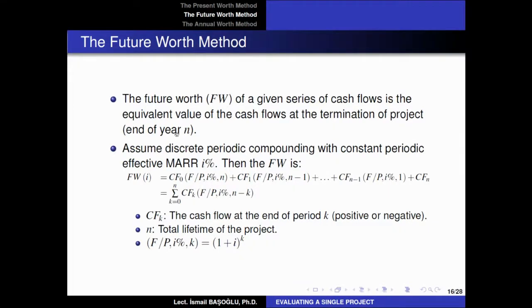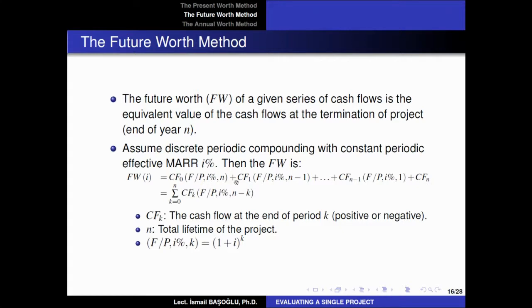So this time, instead of calculating the present worth of everything, we are going to calculate the future worth of everything. We are going to move them to the future, not today. Now, how do we do that? First of all, the initial cost of cash flow 0 is going to be multiplied with the single payment compound amount factor for i% interest rate under n years.